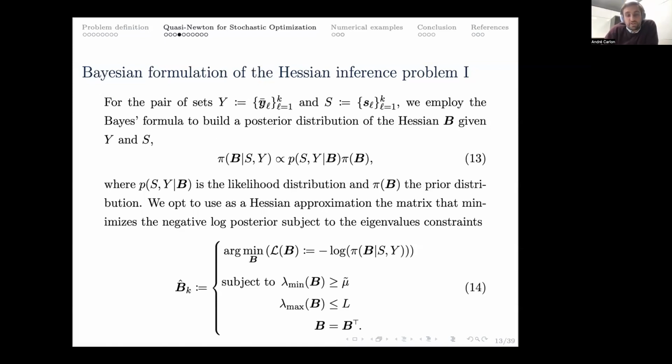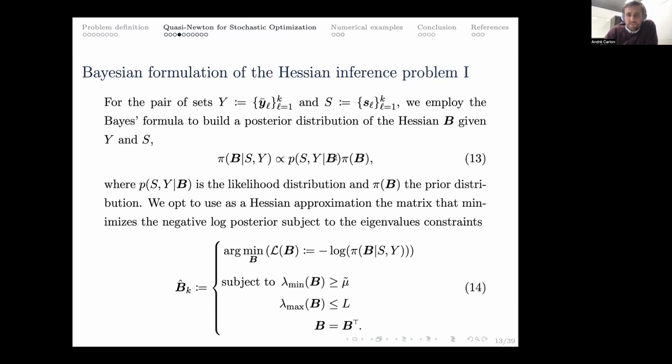First, let us gather the curvature pairs in these sets, Y and S. And then we can use Bayes' formula to build a probability distribution of matrices given these sets S and Y. To do so, we need to first define a prior distribution for our matrices, incorporating the information that we have a priori, and then build a likelihood of observing the pairs Y and S, given B. We can get a posterior distribution.